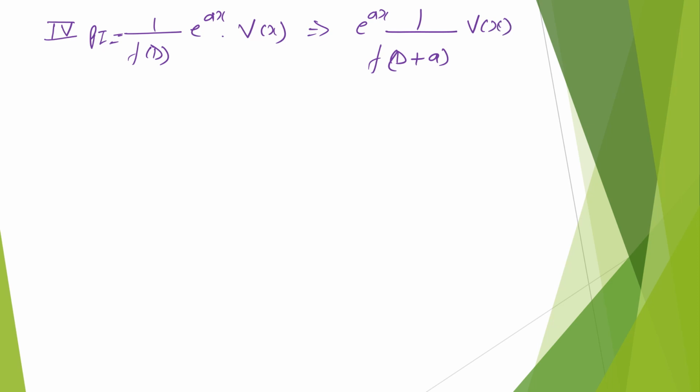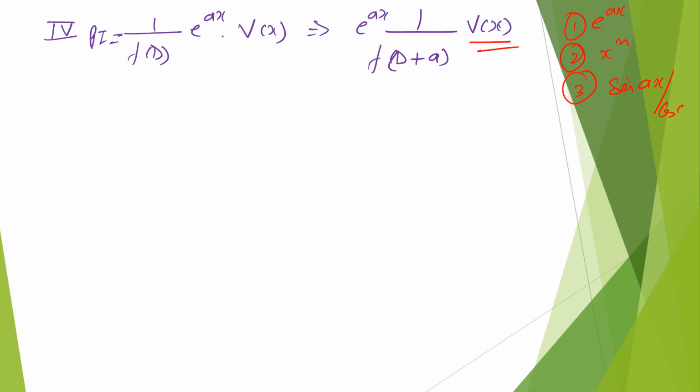For solving the right side of the v, we will use the previous rules, like for e to the power ax, the first rule we have studied, second x to the power n, and the third rule is sin ax or cos ax.